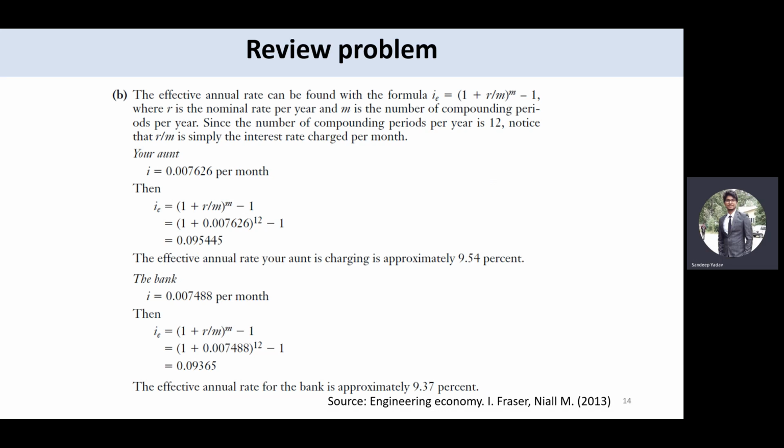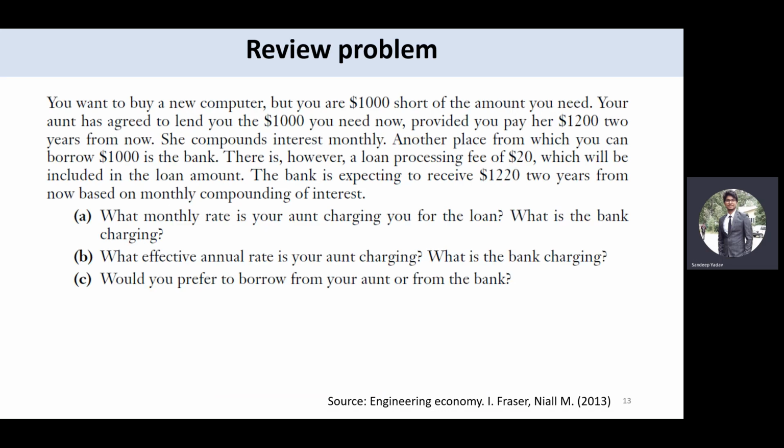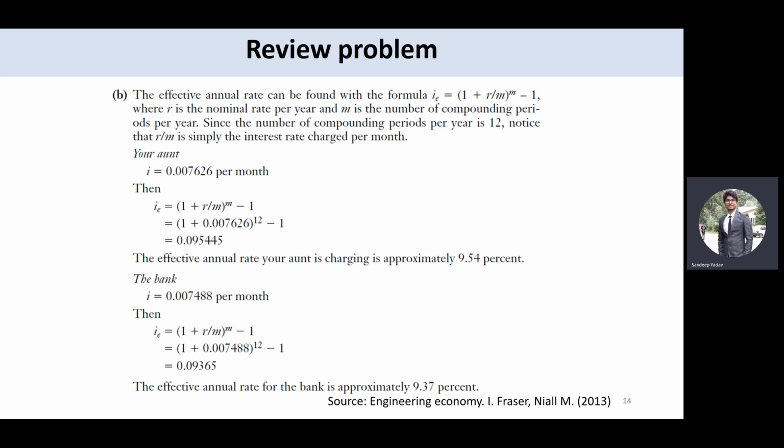So let's calculate the second thing. The second thing I asked is what the effective annual rate is. The effective annual rate can be found with a formula that I've already explained. Here r is the nominal rate, m is the number of compounding periods, and since the number of compounding periods per year is 12, we notice r/m is simply the interest rate charged per month.